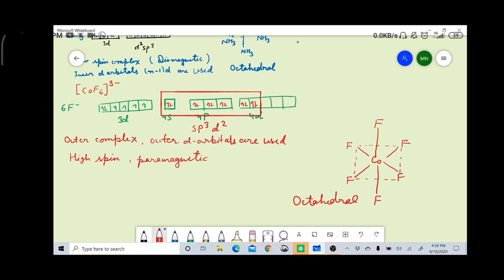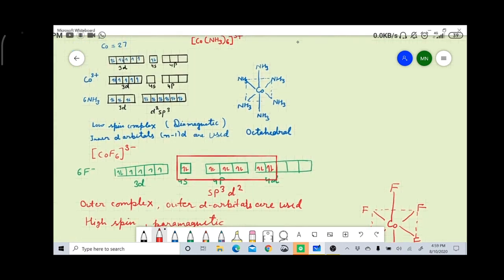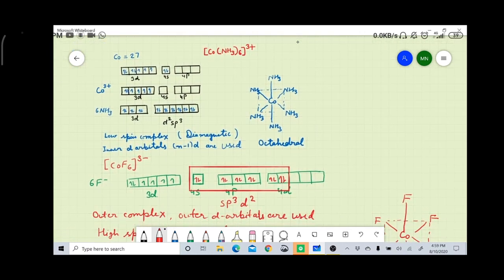In these two examples of complexes, the central metal ion is the same and the oxidation state is also the same. The only difference is the ligands.